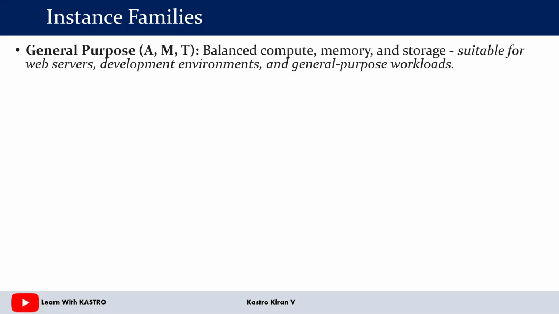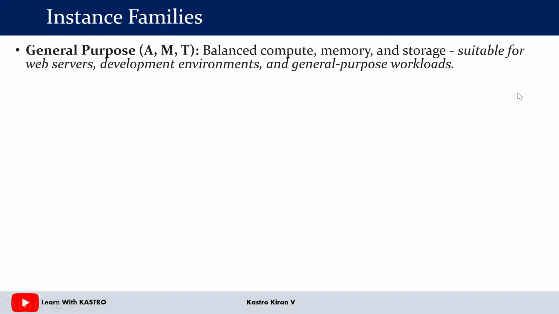Let's say you are practicing on an EC2 instance. In that case, you are going to use the general purpose instances. Why? Because they have limited capacities, which is sufficient to handle the workloads. These kinds of instances are known as general purpose instances, and they have a balanced computing capacity, memory capacity, and storage capacity.